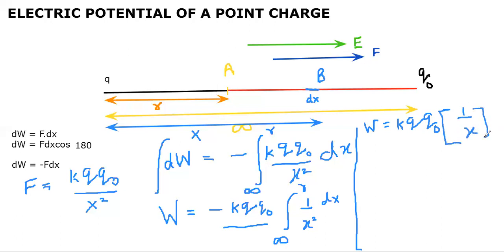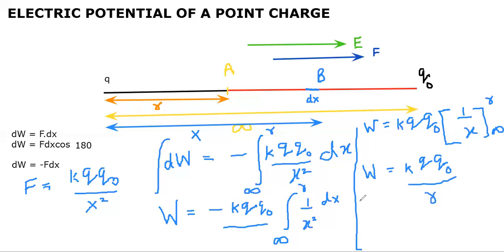Now you put the value, upper limit minus lower limit, from infinity to r. You will first put r, so it will become 1 by r minus 1 by infinity. 1 by infinity is 0. So you have K Q Q naught by r. This is the formula of work done here.